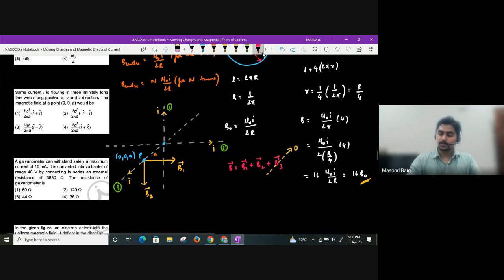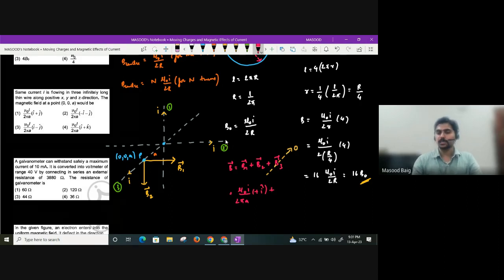So what is the magnetic field due to the y current? I can write it as mu naught I divided by 2 pi a, since it is a completely infinite wire. In which direction did we get it? If the current is in upward direction and the point is lying on the z axis, you will get it along positive x, beta. So I will get it as plus i cap. What is the magnetic field due to the second wire again?